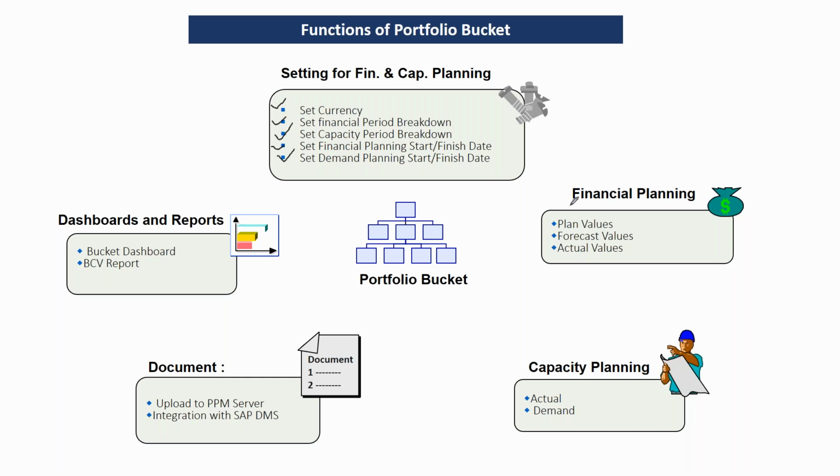You can plan the financial values. Here you can plan the values, you can plan the forecast values, and you can get actual values from the integrated objects. Similarly, in the bucket you can plan the demand, and you will get actual values for the capacity from the integrated objects also.